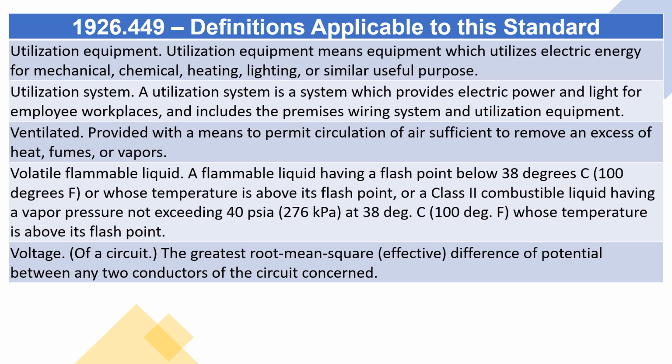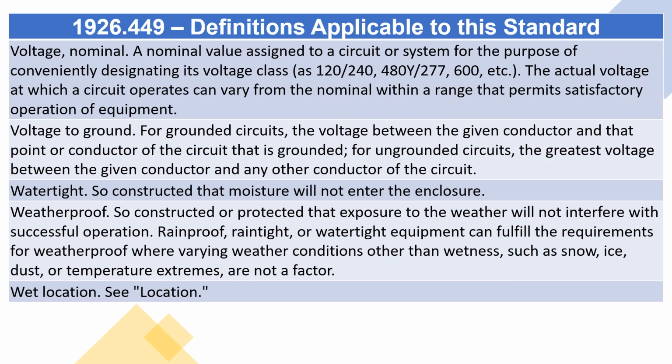Voltage of a circuit. The greatest root mean square, effective, difference of potential between any two conductors of the circuit concerned. Voltage, nominal. A nominal value assigned to a circuit or system for the purpose of conveniently designating its voltage class, as 120/240, 480Y/277, 600, etc.